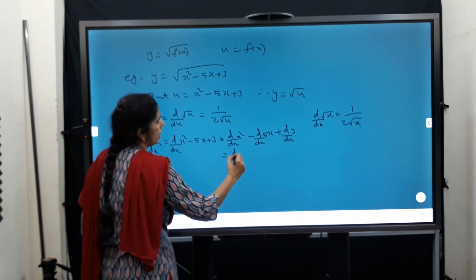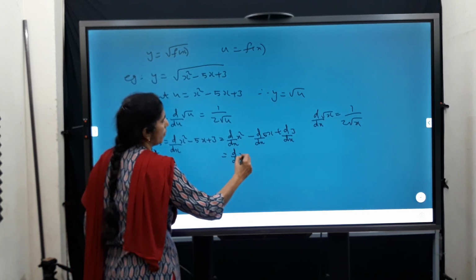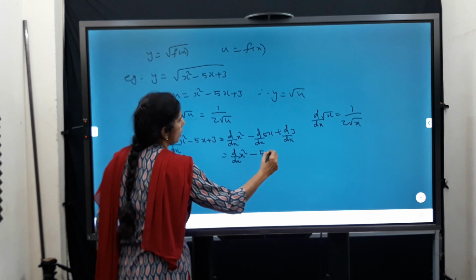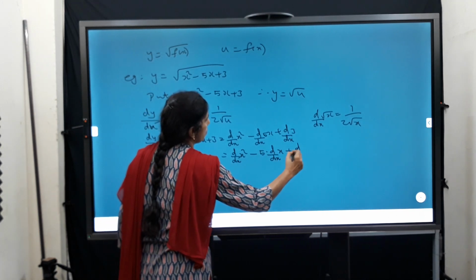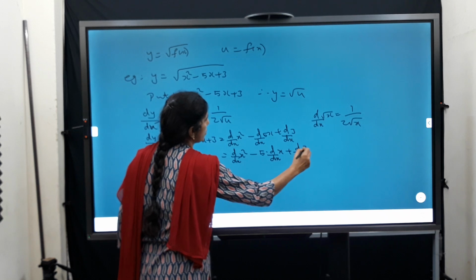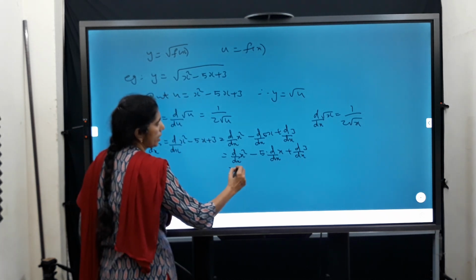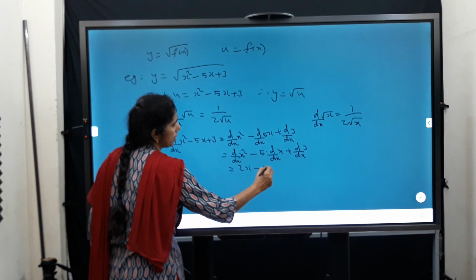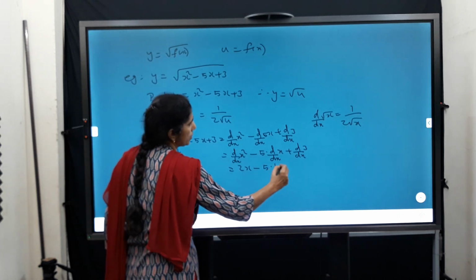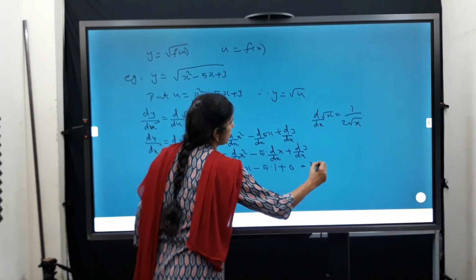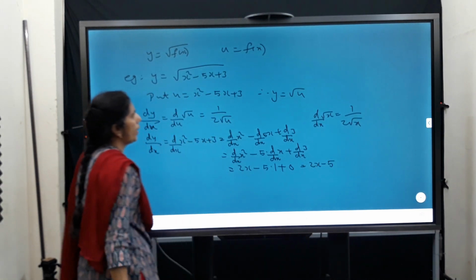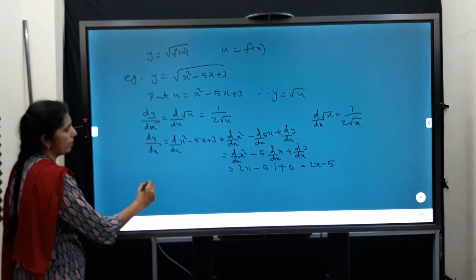That is d by dx of x square minus 5 into d by dx of x plus d by dx of 3. d by dx of x square is 2x and d by dx of x is 1. Derivative of a constant is 0. So it is equal to 2x minus 5.